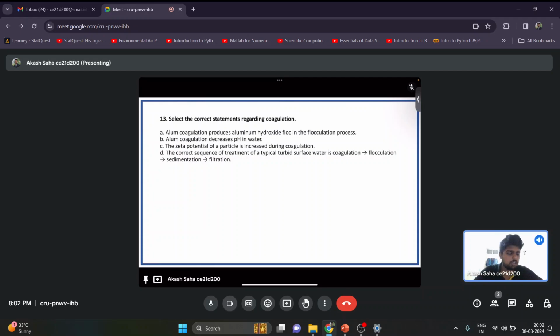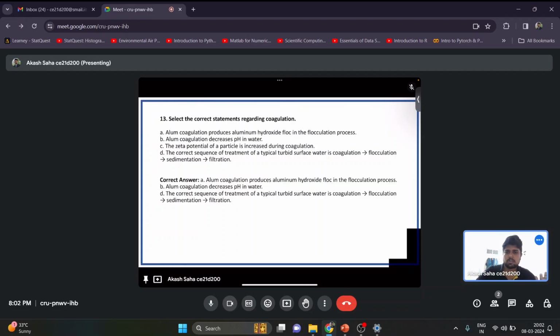So if you see all the statements one by one, alum coagulation produces aluminum hydroxide floc. So that is true. And also alum coagulation decreases the pH because we know alkalinity is directly related to the alum coagulation. It takes up alkalinity. So it will decrease the pH. So option B is also correct.